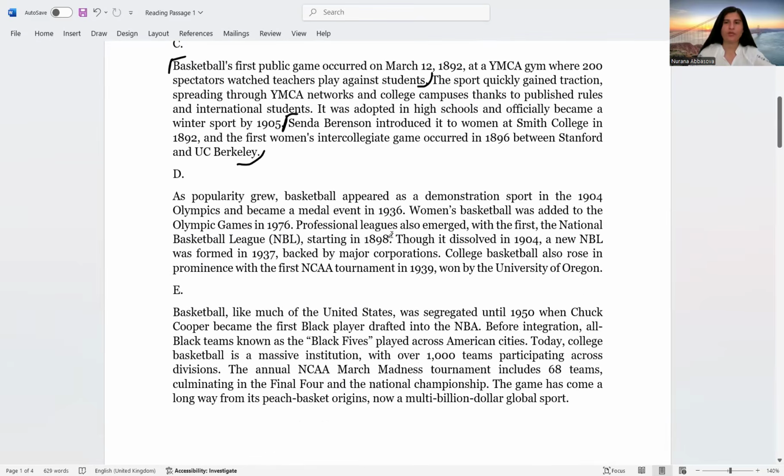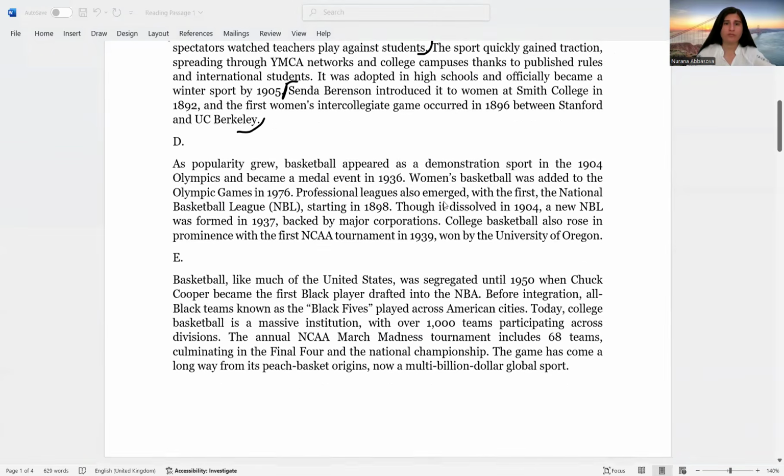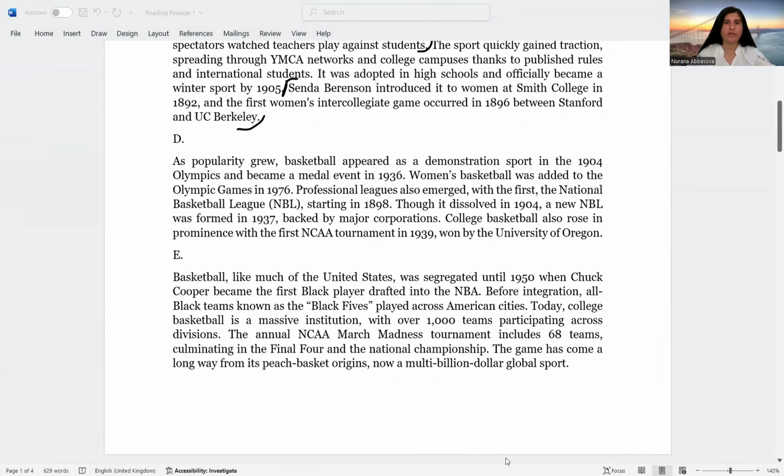And I have 2 more paragraphs. Do I need to read them? Of course not. So, scan for the words African American basketball players. Where do you have them?